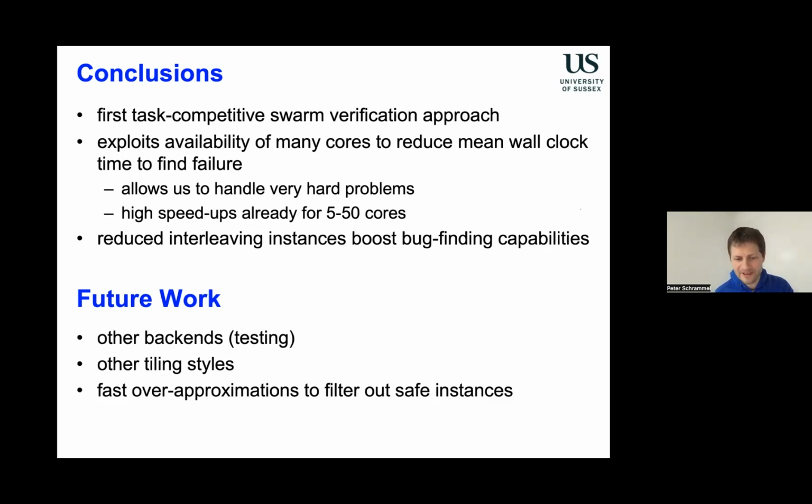But of course, this only helps when proving that the instance is safe is faster than the timeout that we have. Currently, we set a timeout of 1.5 or 2 hours, and if we run into the timeout, then we say, okay, we don't know anything about that instance. Let's pick the next task.